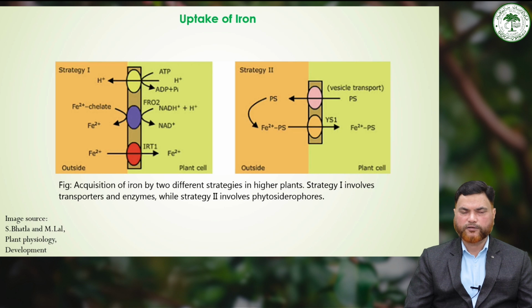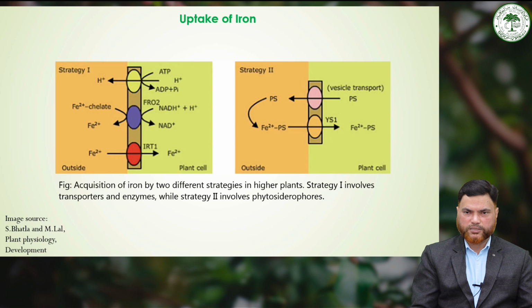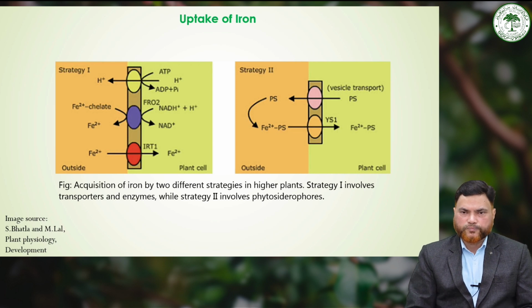Basically ferric ion is then reduced to ferrous ion, that is Fe2+, by a plasma membrane bound ferric reductase oxidase before being transported into the root cells by iron regulated transporter 1, that is IRT1.